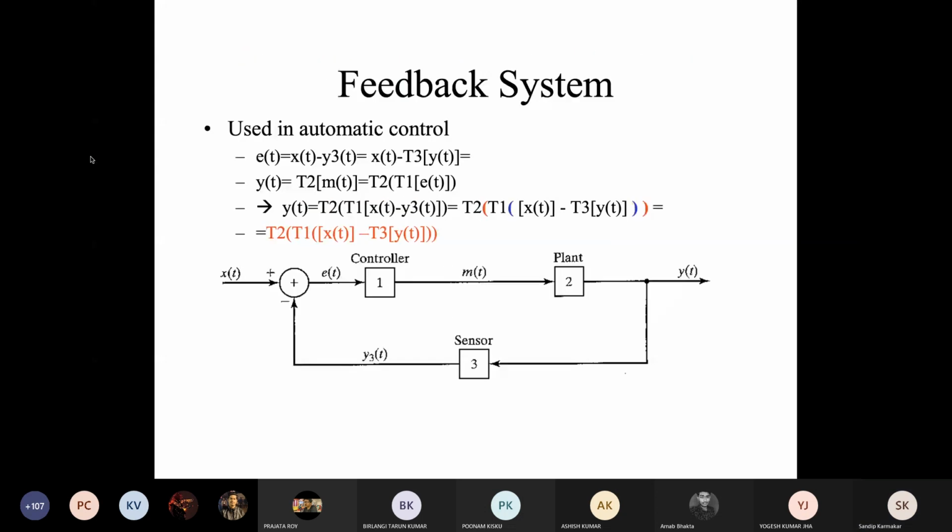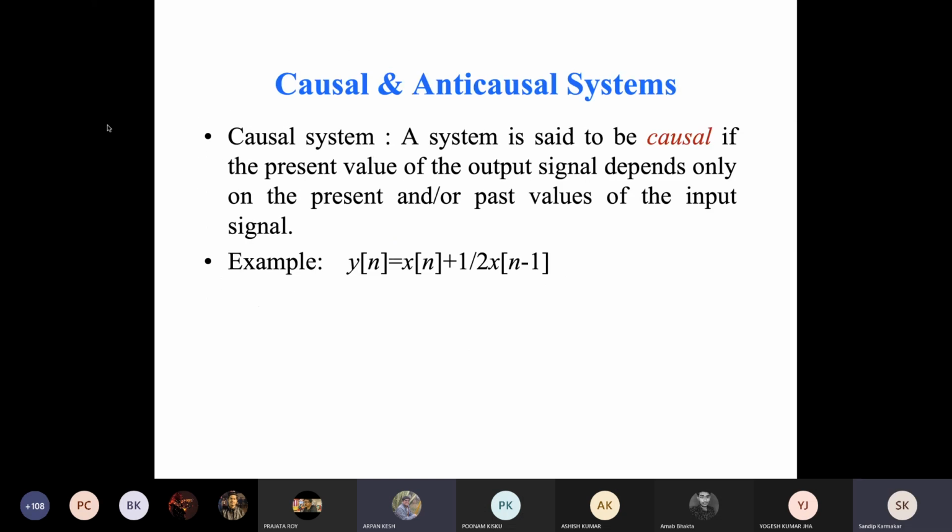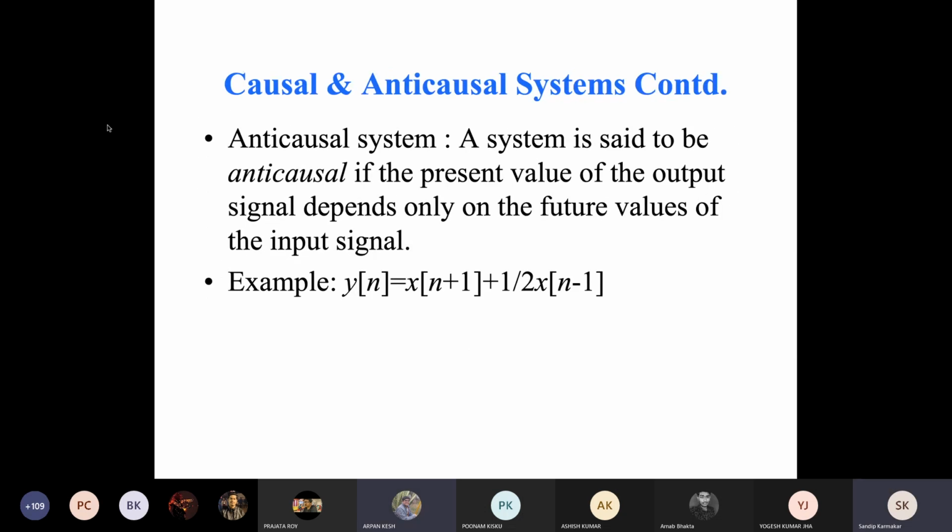Sir, it does not depend on them, sir. Yes, it is depending on input signal values only, right? Yes, sir. So it is a causal system, because y(t) can be represented in terms of x(t), right? Yes, sir.